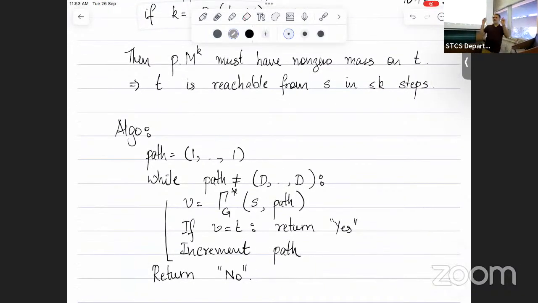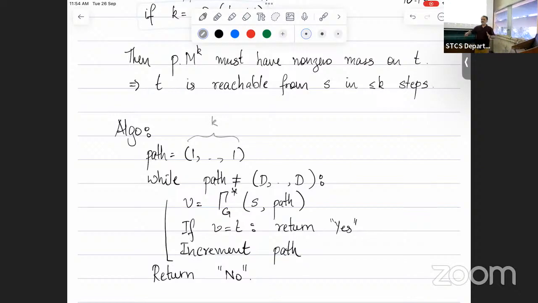Okay, so now here is a stupid algorithm that we have. I'm going to think of a path label as telling me which neighbor I need to take at every step. So this 1, 1, 1, 1, 1 is of length k, so there are k ones.